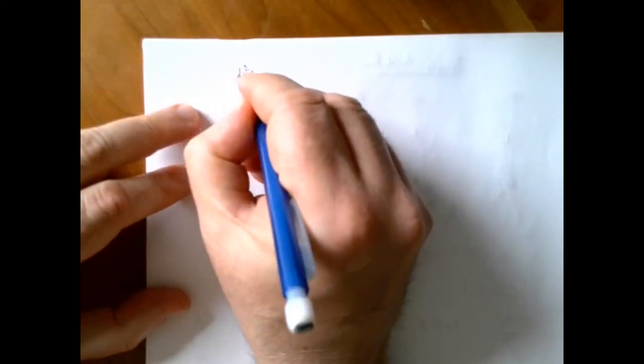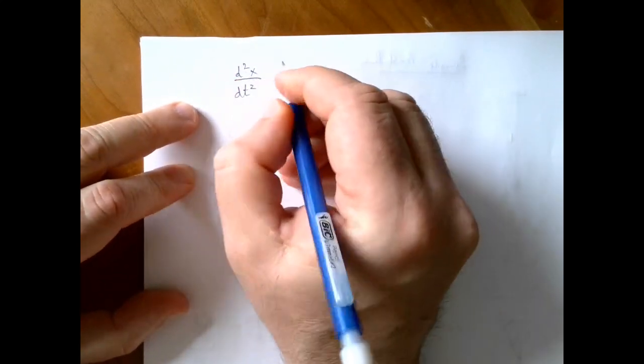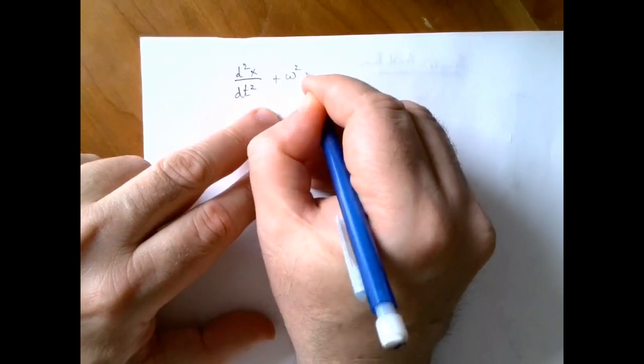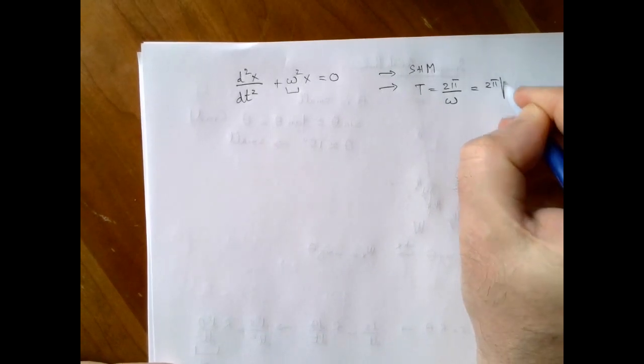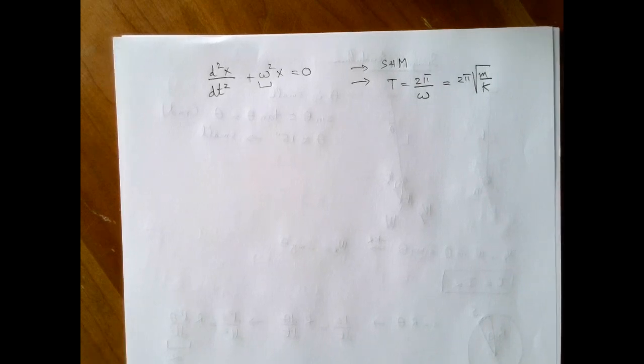We saw that any time we have an equation that looks like this, first of all, it is simple harmonic motion, and secondly, the period of the oscillation is 2 pi over omega, whatever this omega turns out to be. This is how we got the period of oscillation of a spring to be 2 pi square root of m over k.